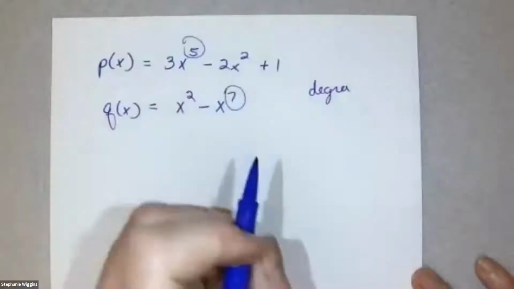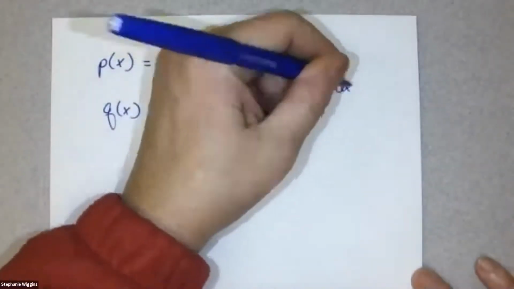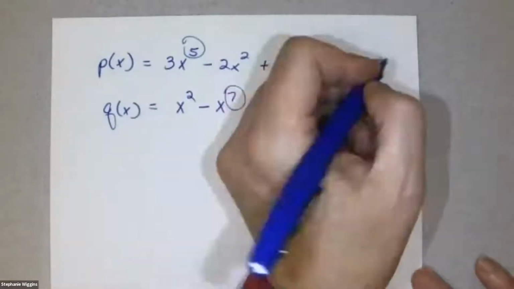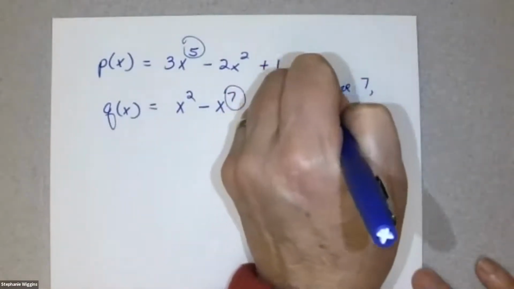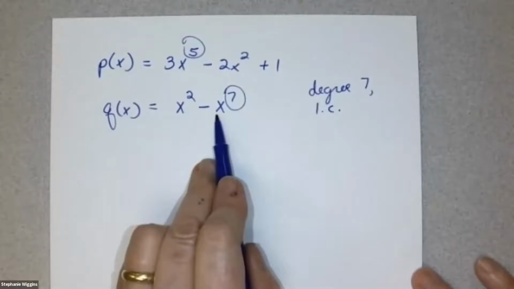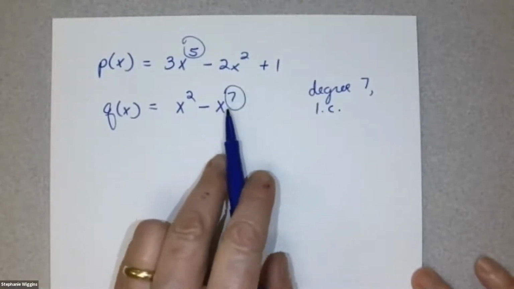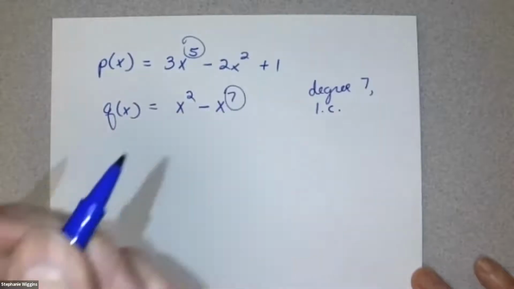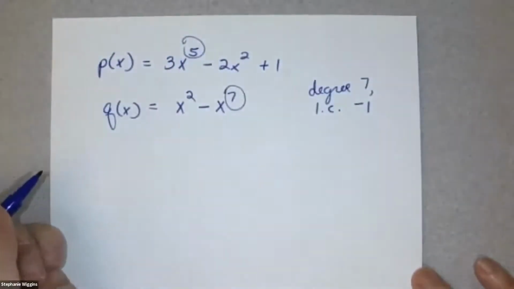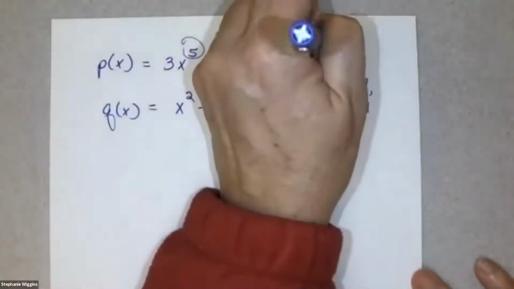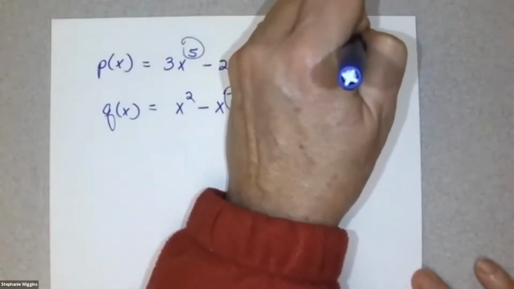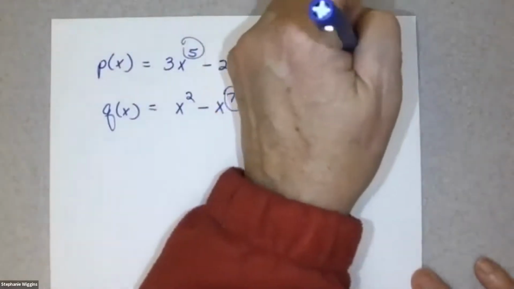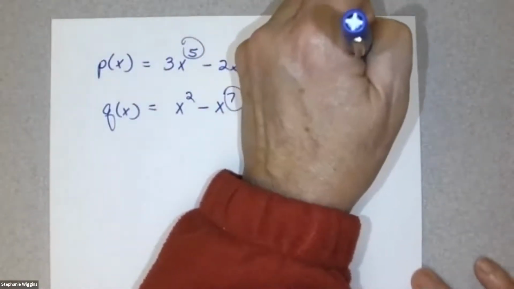Then whatever coefficient is in front of that term, so here, this leading coefficient is going to be -1, right? Because this is the leading term right here. Even though it's not in front, it's the leading term. So here, the degree is 5, and then your leading coefficient is 3.